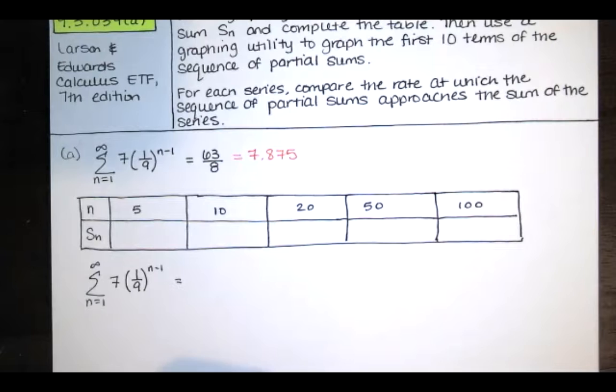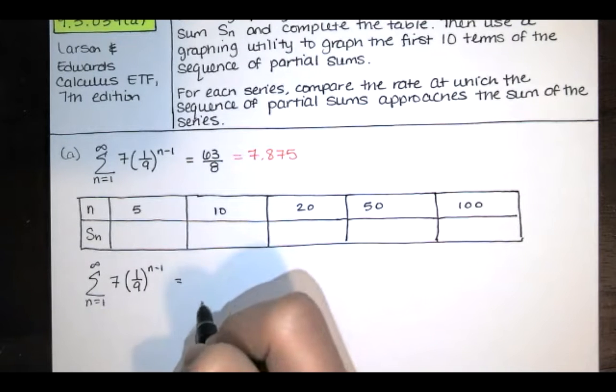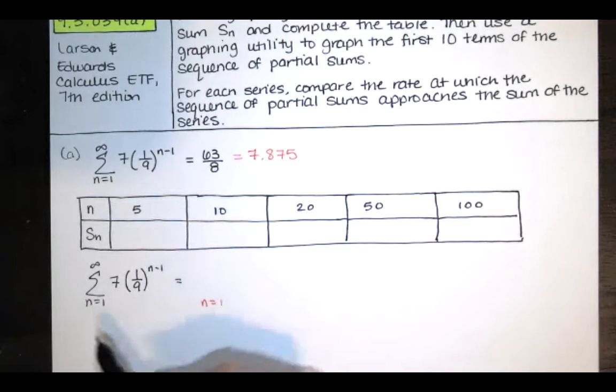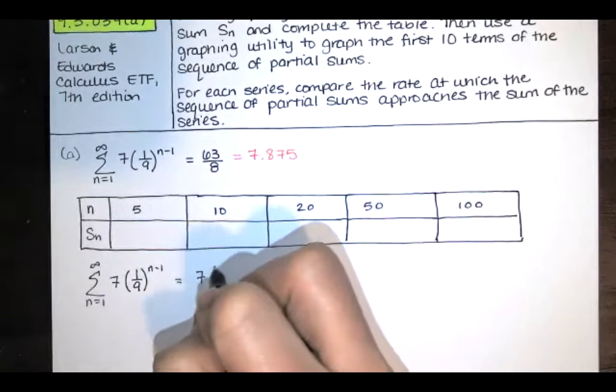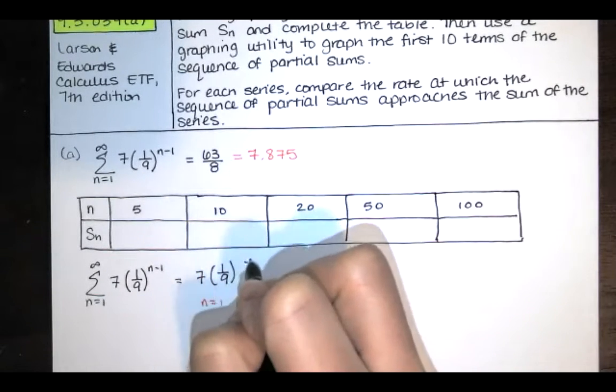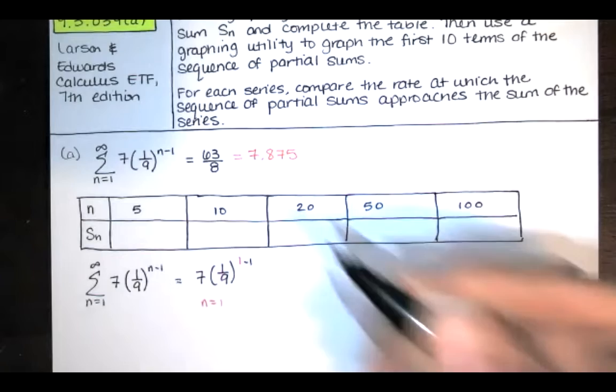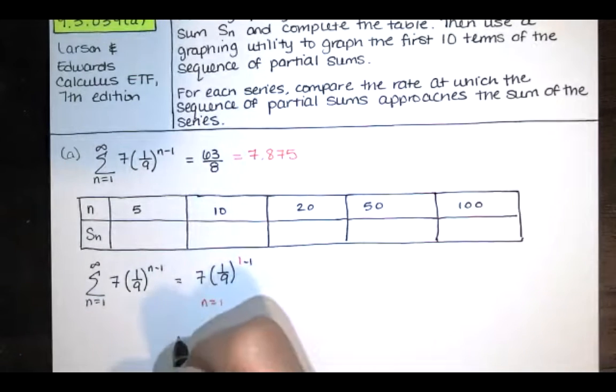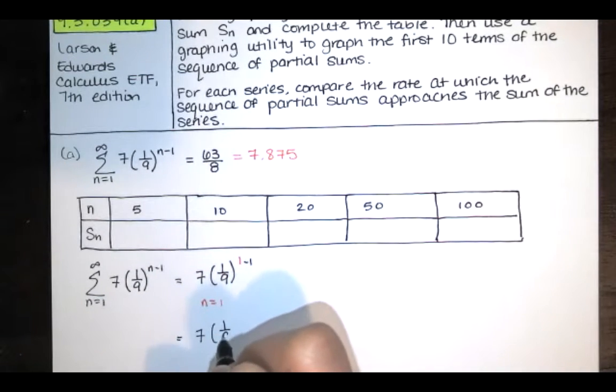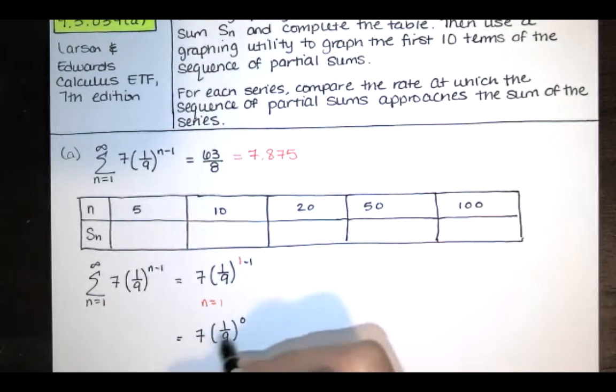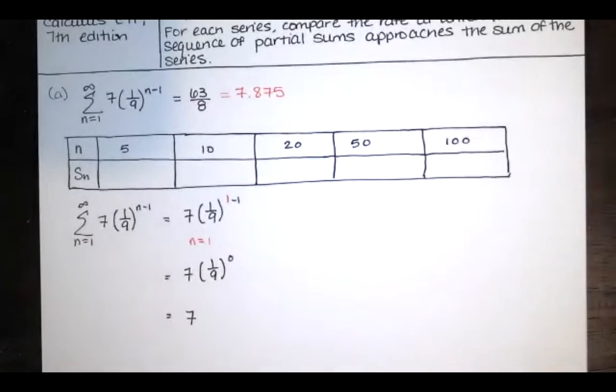So we're going to add up infinitely many terms. This tells you where to start counting. So we'll plug in n equals 1 here. That will give us 7 times 1/9 raised to the 1 minus 1. 1 minus 1 is, of course, 0. And any number other than 0 raised to the 0 power is 1. That's just going to be 7 times 1, which is 7.